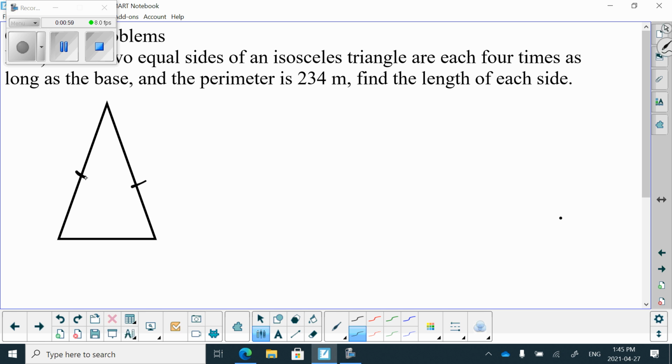2 equal sides of an isosceles triangle are each 4 times as long as the base. So what are we going to let our x be? Or our let statement, I should say. Is that what our x is?